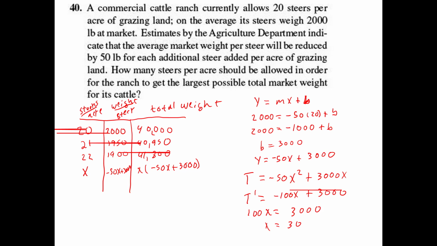We only have one critical point. So since we only have one critical point, if it's a relative max, it's an absolute max. Of course it's an absolute max, because what you're looking at is a parabola that opens down, right? So this is how many you need. Okay, so we're done with that.